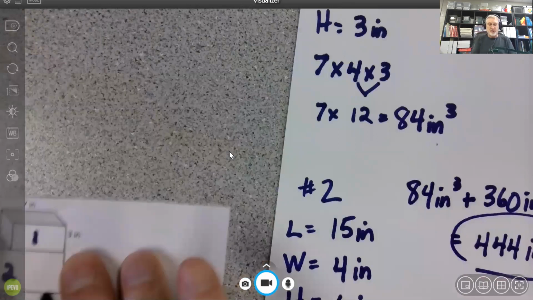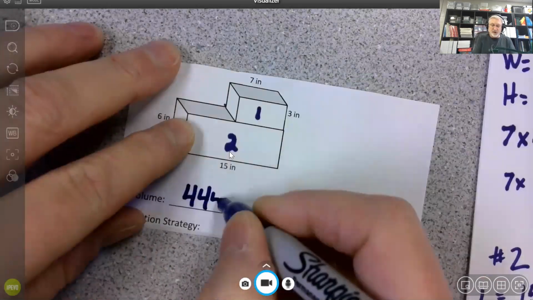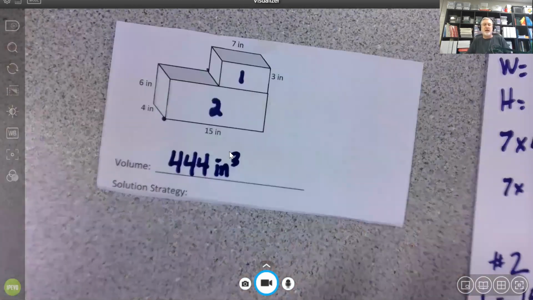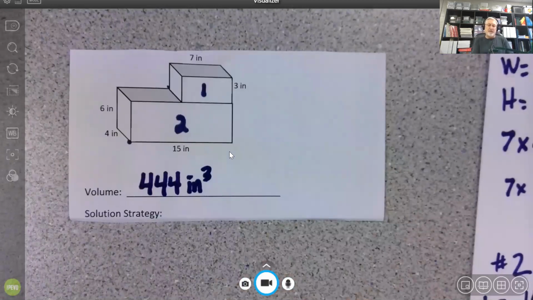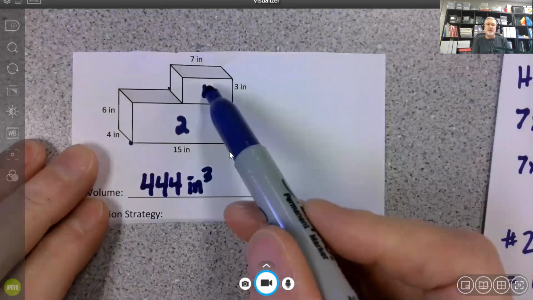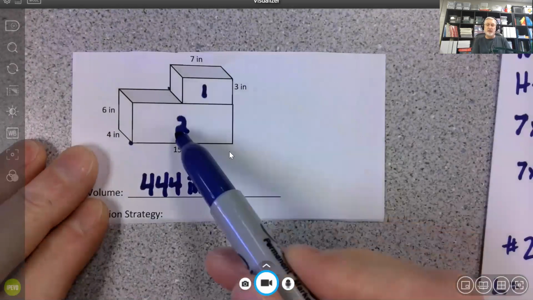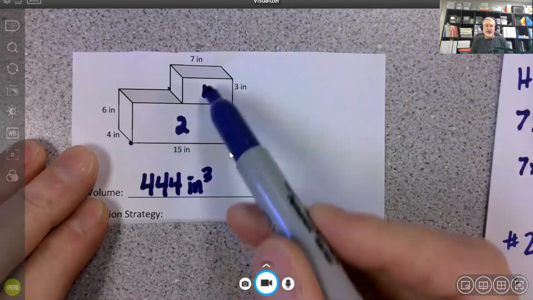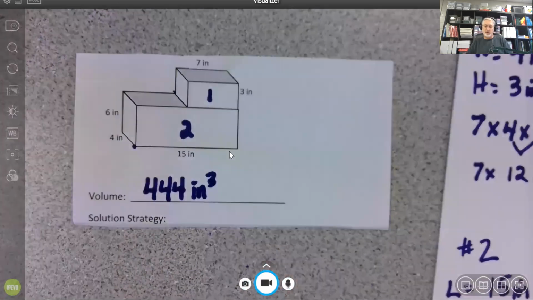So on my sheet here, I'm going to write 444 inches cubed as my volume for that shape. And my solution strategy was, well, I found out the volume for my rectangular prism number 1, found out the volume of rectangular prism number 2. I added those together and I got 444 inches cubed.